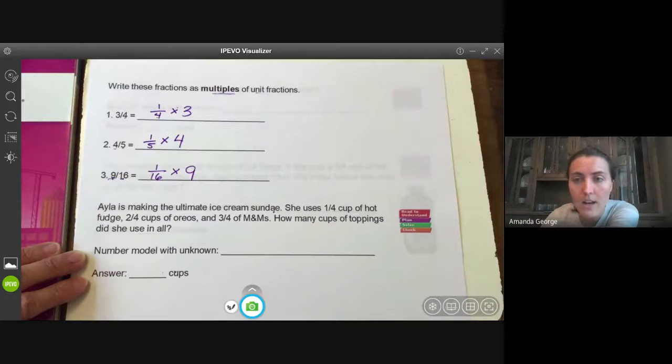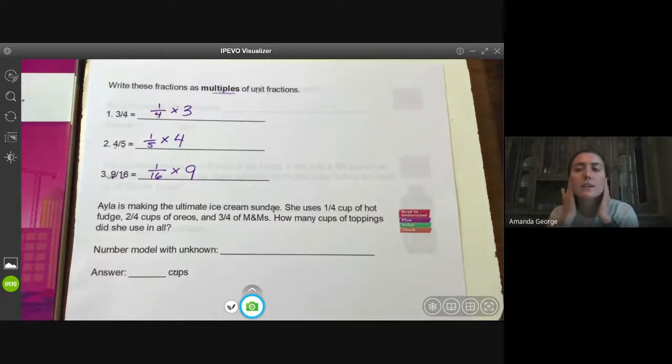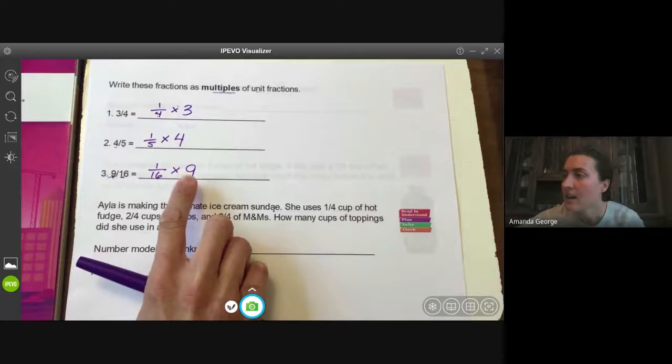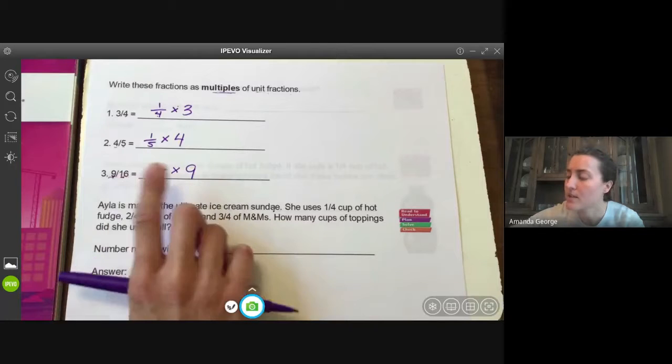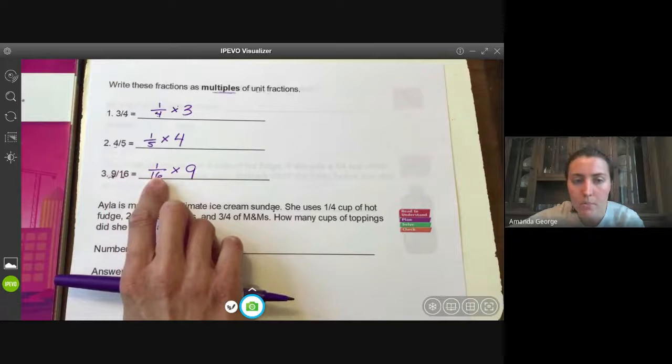Now, another way we can say this, and rub your ears so I know that you're listening. Perfect. You can stop rubbing them. If I were saying 9/16 is a multiple of what unit fraction, then your answer would be just 1/16, right?